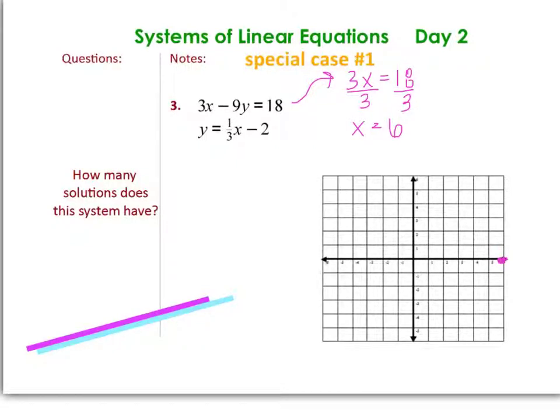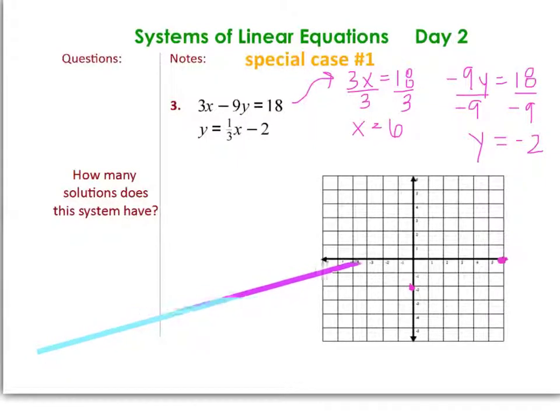Now my y-intercept, if I cover my x's, I get -9y equals 18. Divide both sides by -9, and I get that y equals -2. So I come down to -2. I do a dot, and I can connect those two dots with that fuchsia line. We're using fuchsia today.